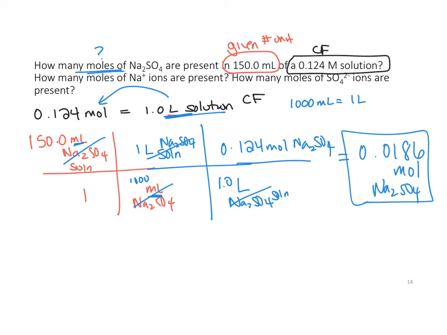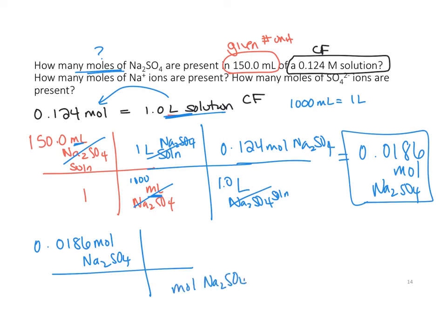How many moles of sodium ions are present? Well, we can start with 0.0186 mole of sodium sulfate, and then we're going to have to copy that down because that's not what we want. So for mole of sodium sulfate, mole of sodium ions, well, this breaks up into 2 Na+ and 1 SO4 2-.